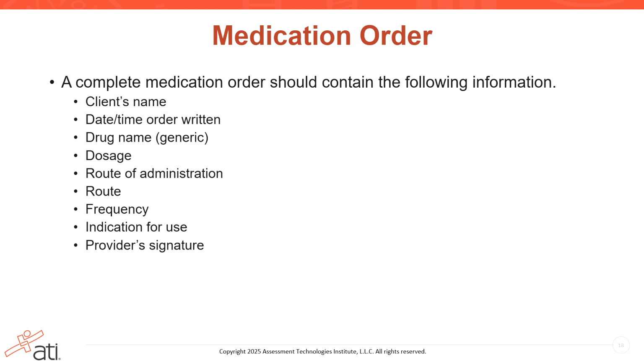We need to know the dosage amount. How are we going to administer it? The route: is it going to be PO, through our mouth, or IM, or is it going to be rectally? How often? Why are we even giving this medication? And then the healthcare provider has to sign off that they wrote the order.